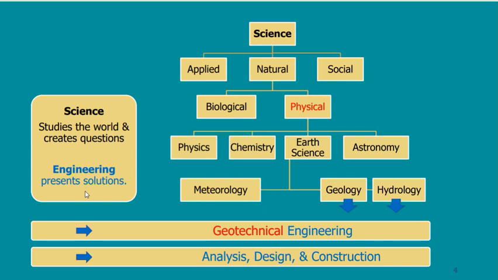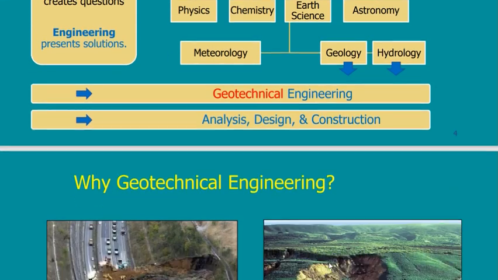So engineering, we present the solution for people to live safe. So this is why we call it engineering and not science. So how can geotechnical engineers do this? They analyze the problem, design the structure or whatever they need to design, and construct this structure.